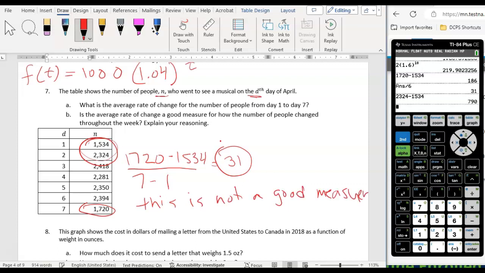Notice that we are generally increasing by a lot, and then all of a sudden we decrease between days 6 and 7. So you could also mention that this is not a good measure because it increases by a lot until day 6, and then we see a decrease.